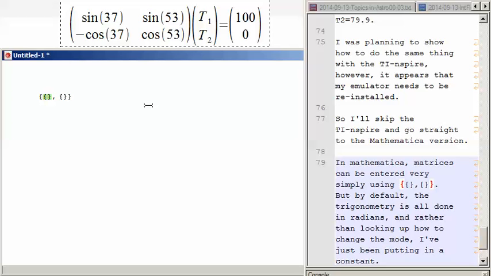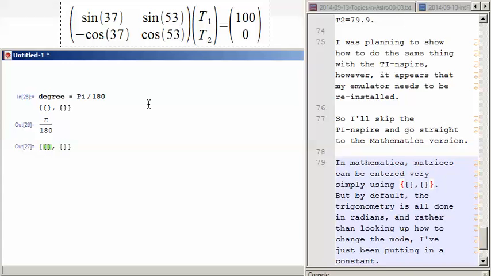Okay. And then by default, the trigonometry is all done in radians, so I'm going to use a factor, degree equals pi over 180.